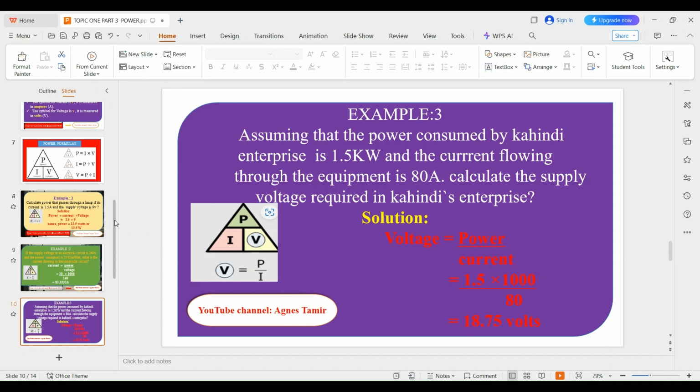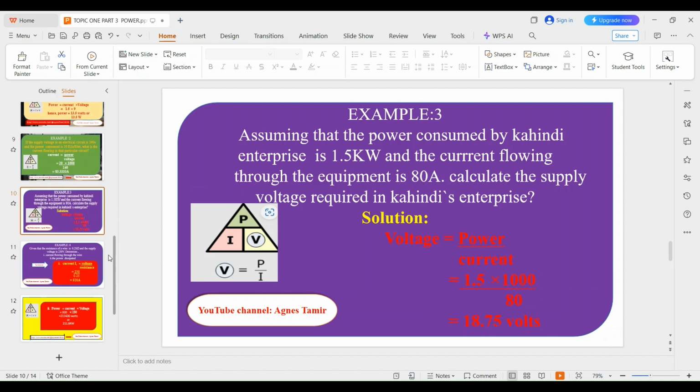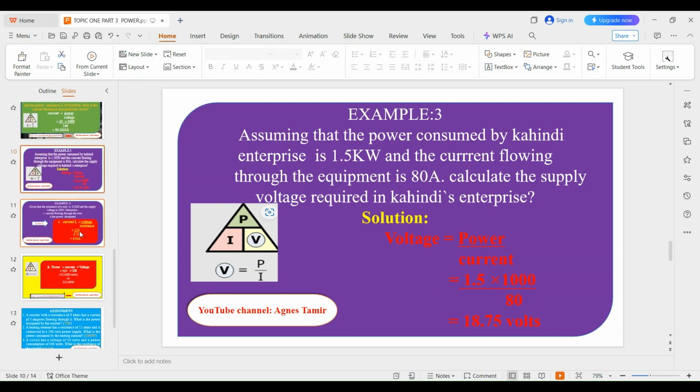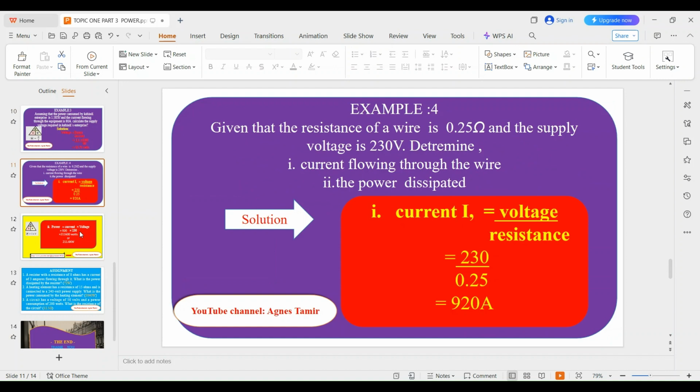So we have seen how to use the power triangle to calculate power, current, and voltage. Now let's look at how to calculate power using either the current and resistance expression or the voltage and resistance expression.